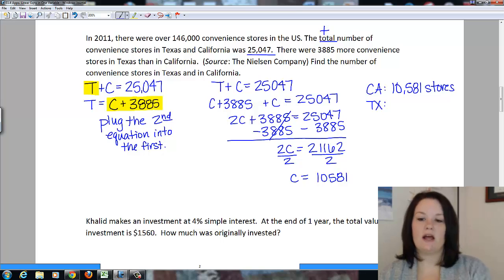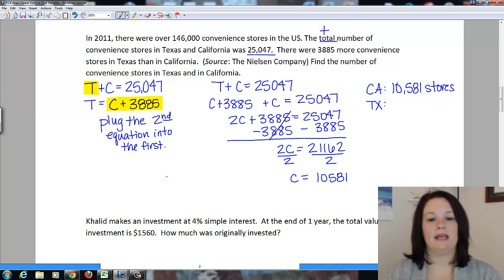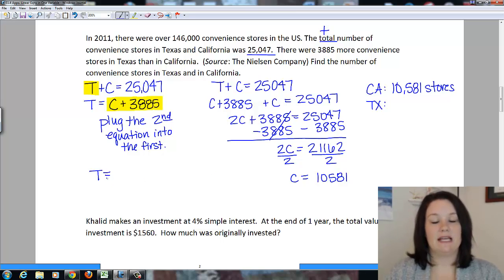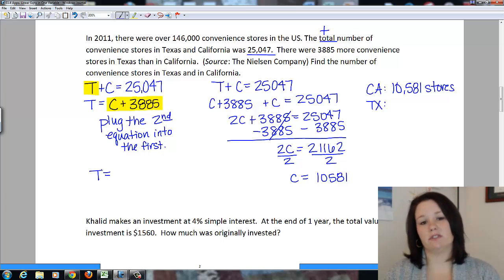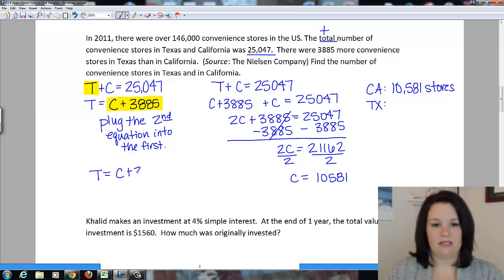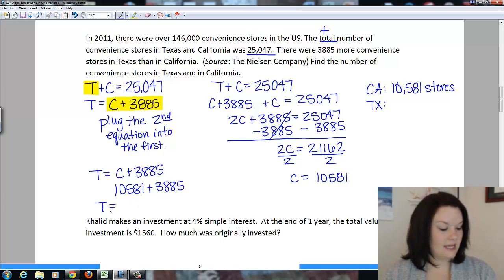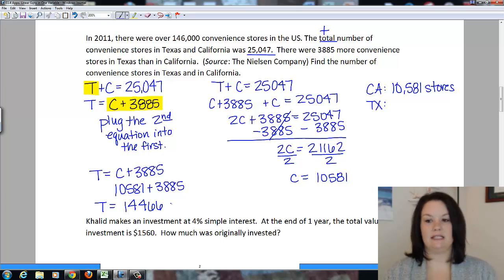And now I want to see how many Texas stores there are. Once I know California, I should be able to plug that back in. I'm going to plug it back into my second equation because it's already solved for Texas. So C plus 3885, we know C is 10581. If I add 3885 to that, that tells me that Texas has 14,466.